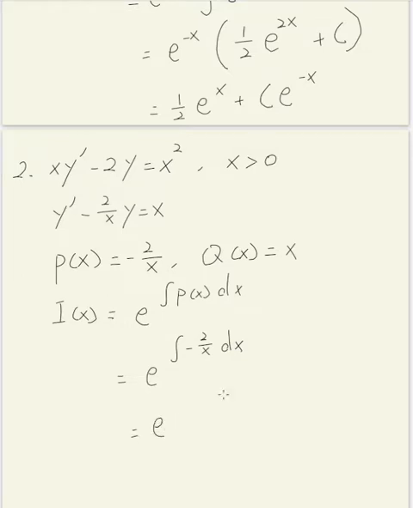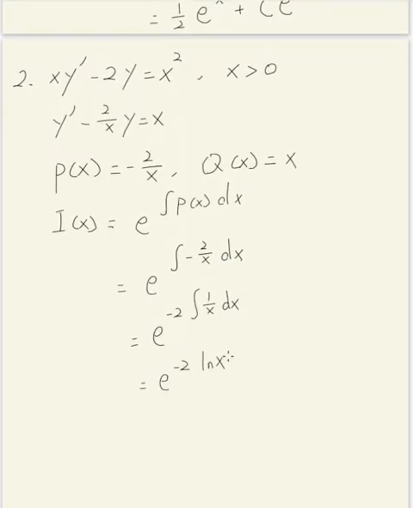Okay, pull the minus 2 out, so you get, this is e to the minus 2 times the integral 1 over x dx. Now since x is positive, given by the problem, the integral of 1 over x is ln of x, right? So this is e to the minus 2 ln of x. And e to the ln of x is x, so we get this is x to the minus 2.